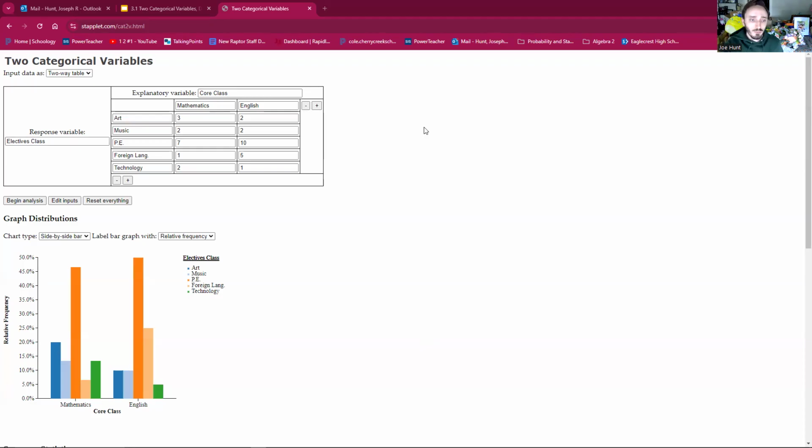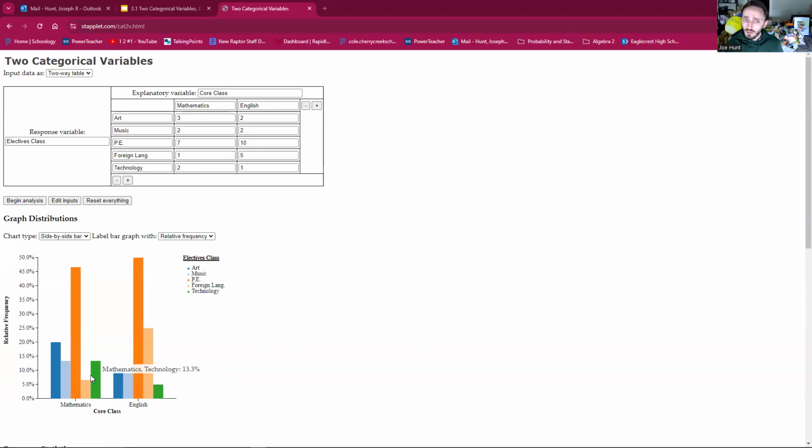So for example, if I'm looking at my data set as, say, a side-by-side bar chart, I'm noticing that in mathematics and in English, there's still a very high proportion of students that prefer PE. However, if I take a look at, say, technology, which is in green, the likelihood that someone is a fan of a tech class is twice as high, or a little more than twice as high, if they are a fan of a math class versus an English class.